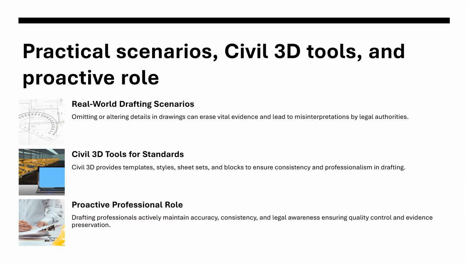And these 5 responsibilities, they're not just theoretical. In Lecture 2, we explored scenarios that show how they play out. Imagine that a fence has stood on a line for a century, and you choose not to show it because it looked messy. That omission could erase evidence of a long-standing occupation.